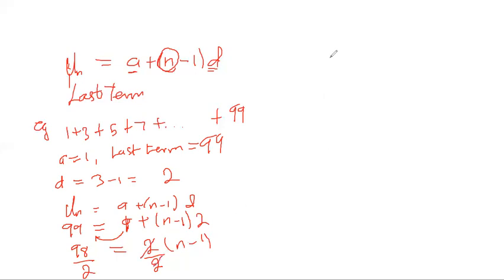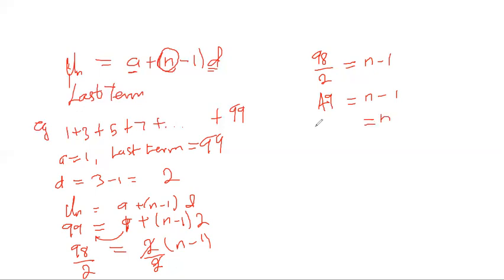What is 98 divided by 2? 49. So we shall have 49 is equal to n minus 1.